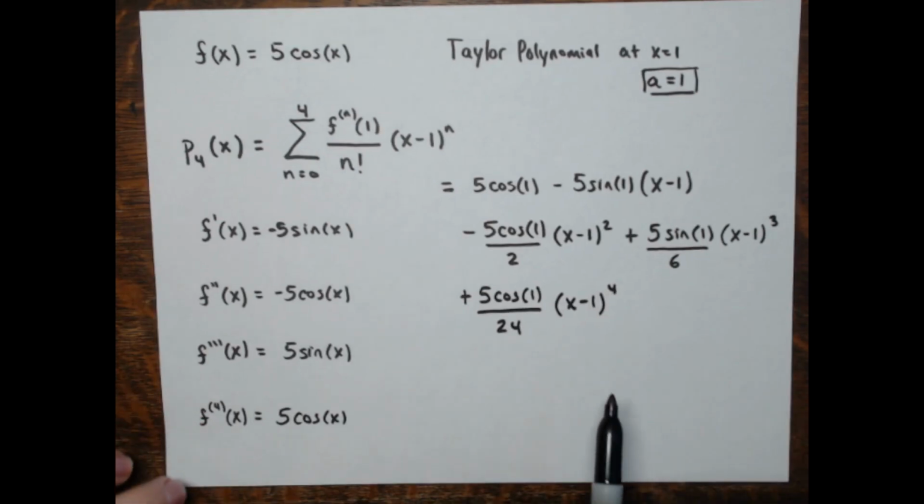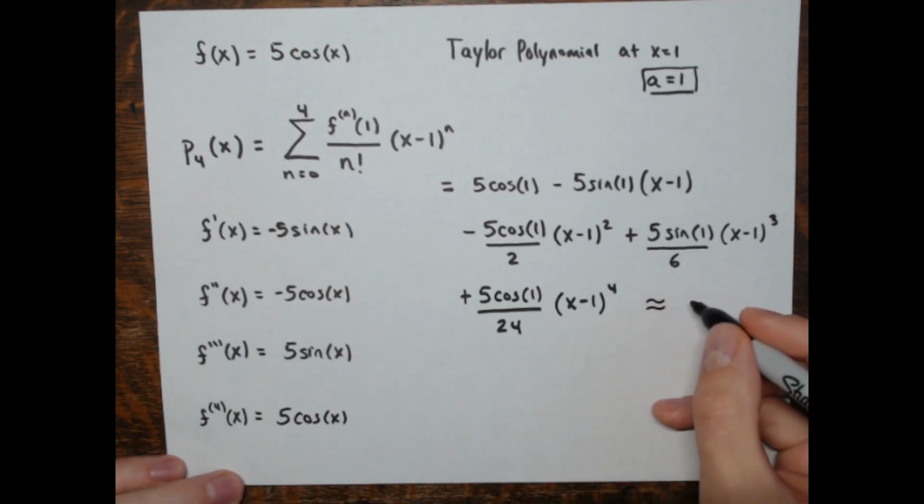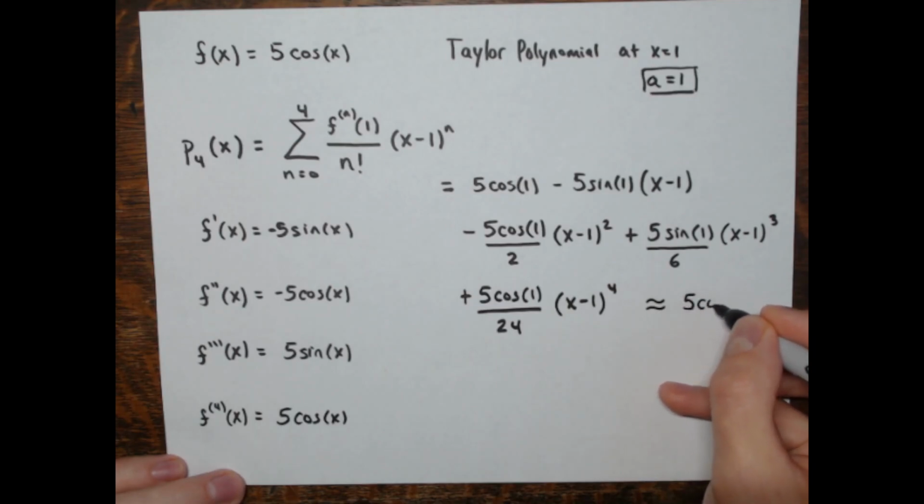So there's our fourth Taylor polynomial, centered at 1. And remember, this should be approximately equal to our function, 5 times the cosine of x.